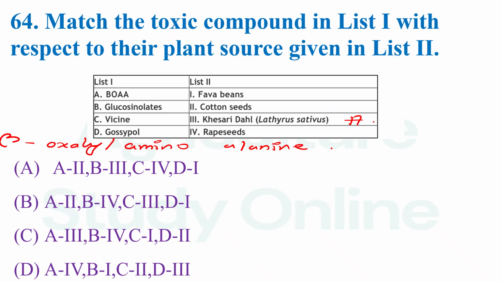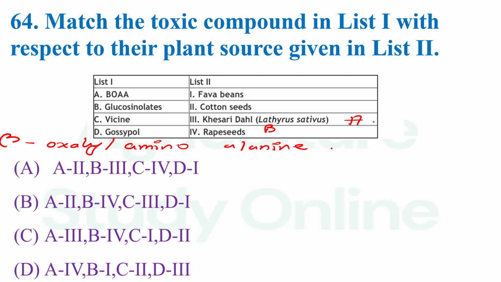Next, glucosinolates. So it will go with option B, that is rapeseeds. So it is present in cruciferous plants like mustards, rapeseeds. It causes goitrogenic effects. Next, vicin. So vicin, it is present in fava beans.